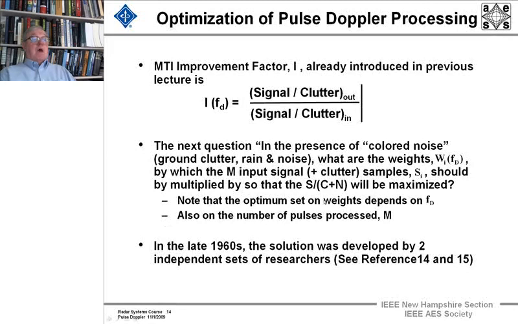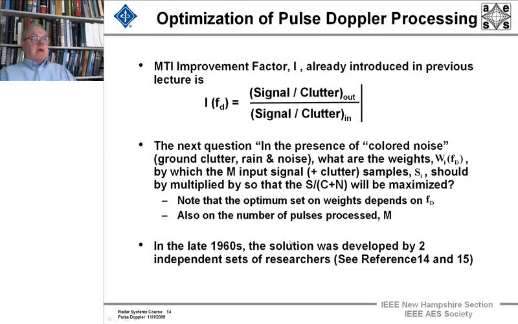And note that the optimum set of weights depends on the frequency. I think I showed you in the definition I had down here in F sub D. I think I'll change it on the PDFs. That's 14.